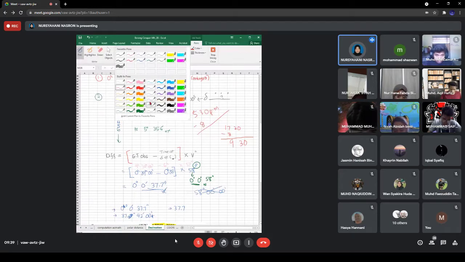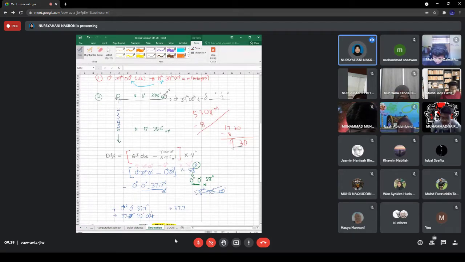Yang coklat. Saya tak pernah guna coklat kan. Okay, 9:30 ni berada between 6 and 12. So if this 12, so 9:30 ada kat sini. Okay, so saya dah bagi contoh sebelum ni.